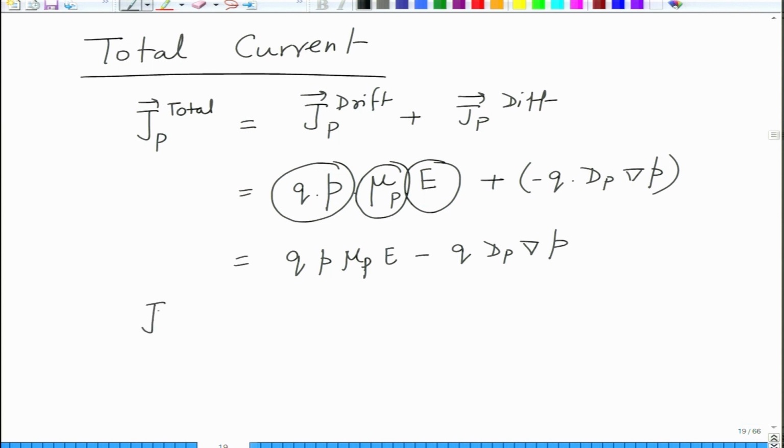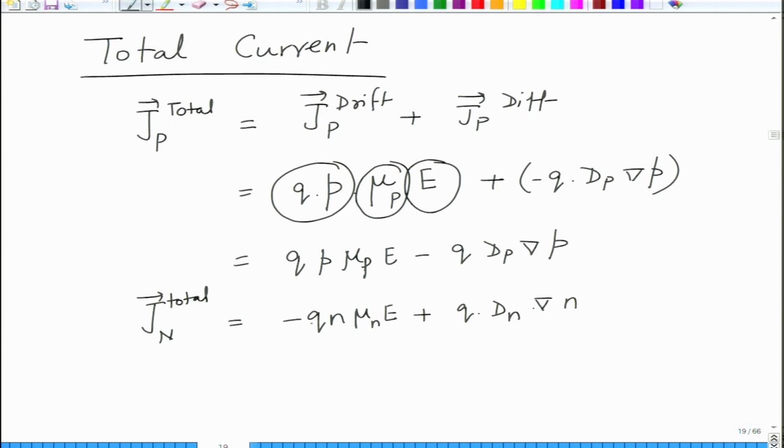Similarly, for electrons, Jn total will be equal to, for electrons you can take the charge as minus, minus q n mu n E plus q Dn del of n. Here we have replaced ne and nh by p and n, multiplied by q.